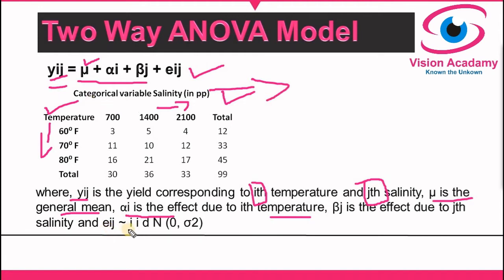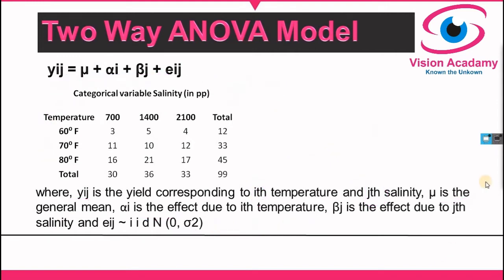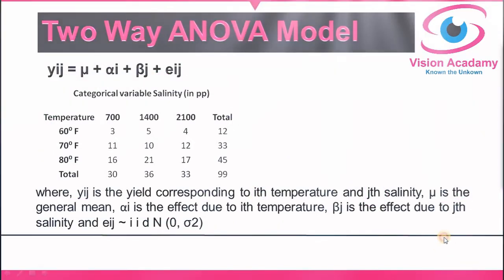And Eij follows the normal distribution with mean 0. So this is what the model is built on. Finally, we have Yij equal to these three terms, mu plus alpha i plus beta j, plus Eij. Then let us understand some of the assumptions of two-way ANOVA.